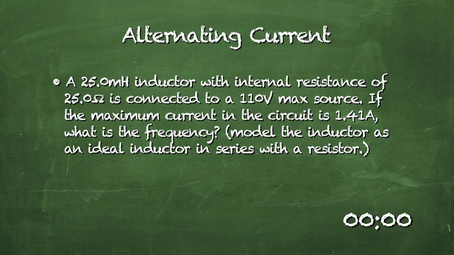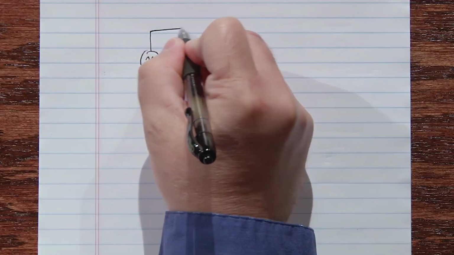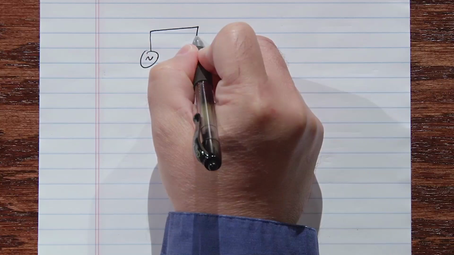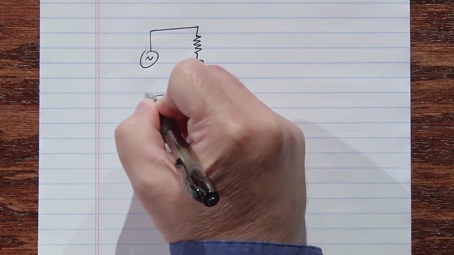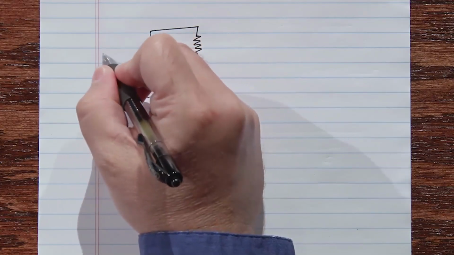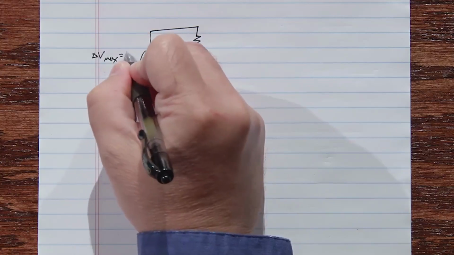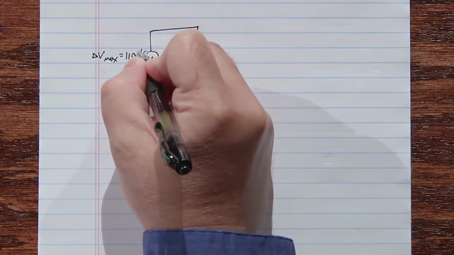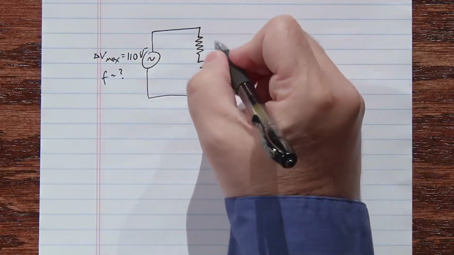Let's draw our circuit. Here's our alternating current source, or alternating voltage source, I should say. Here's our resistor and our inductor. And this is a 110 volt max, so delta V max is equal to 110 volts. And the frequency is unknown, that's what we're looking for.